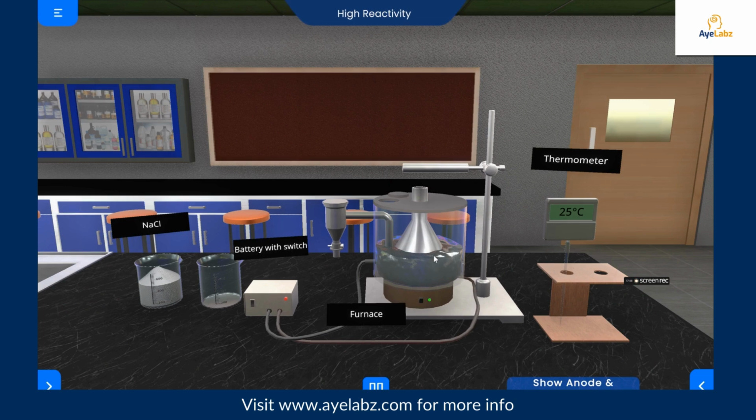Now you can click on the furnace to view how the sodium chloride is getting melted and how we are proceeding through the reaction. For that, let me close the lid and place the beaker. The beaker is used to collect the sodium in a molten state.